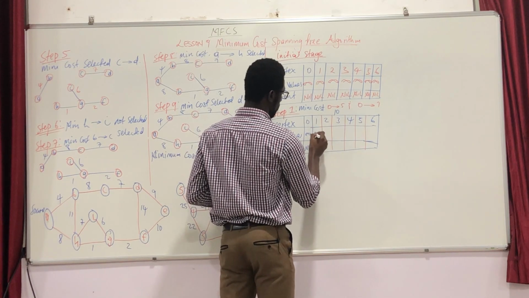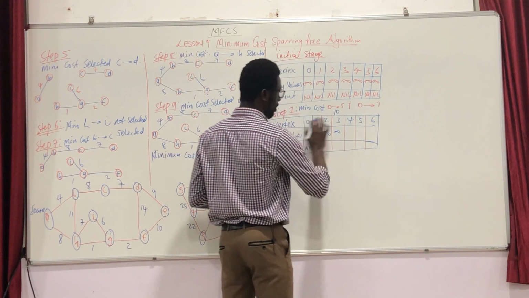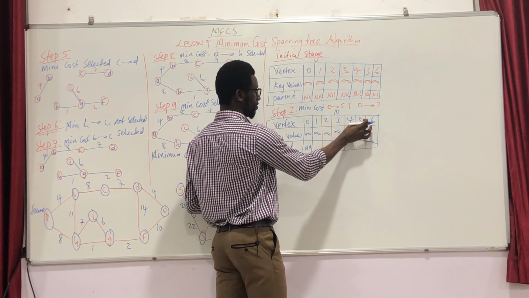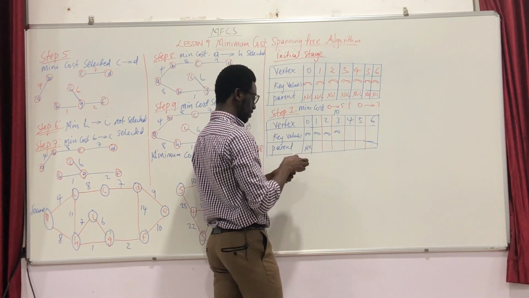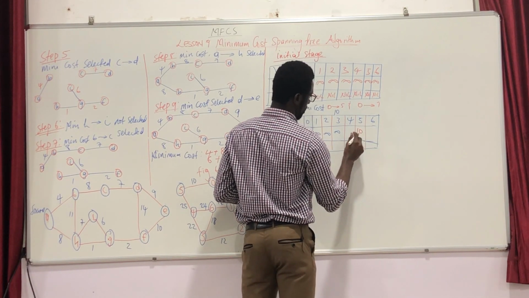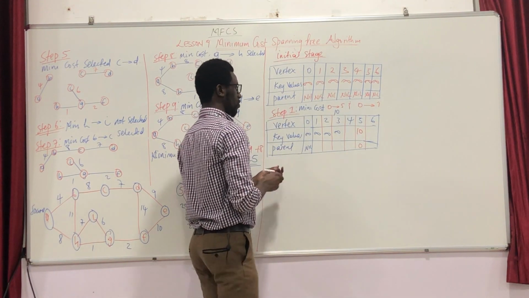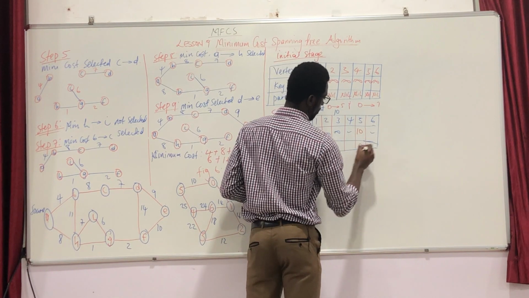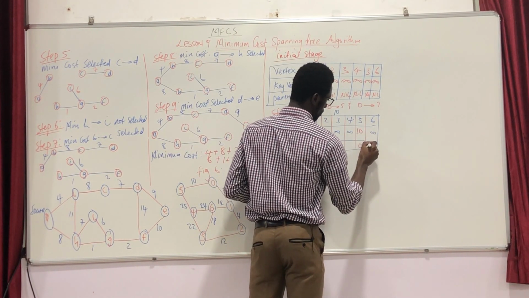Here again, infinity, infinity, infinity. You see here, the destination vertex is 5. So now our minimum cost is 10. So we'll fill first this table here. Put here 10, which starts from 0 to 5. So 0 to 5 is 10. All this one is nil, nil. Can use infinity. Here is nil.